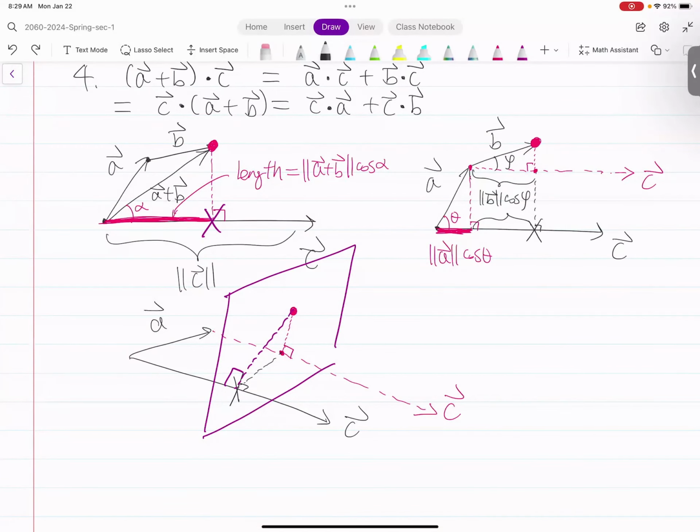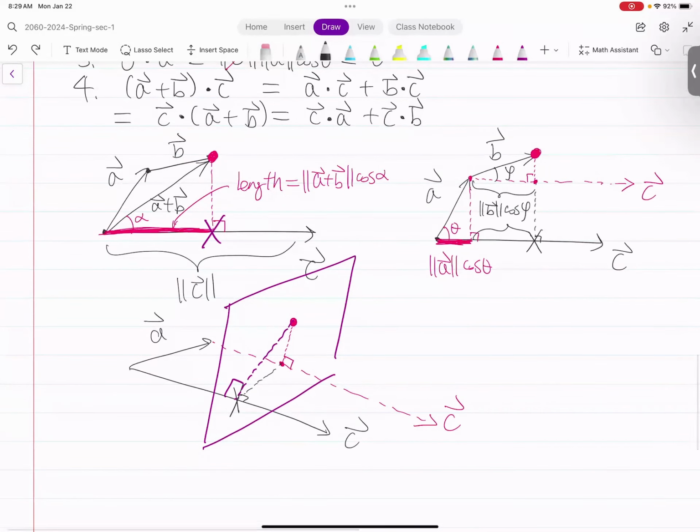So essentially, this length also equals a cosine theta plus b cosine phi. That's the thing that we verified. And on the right hand side, let me also comment that A dot C is what?